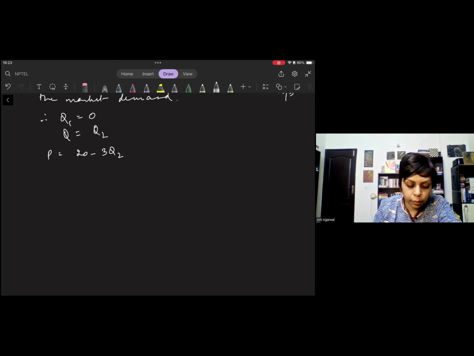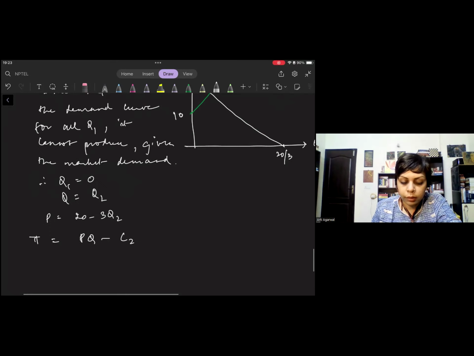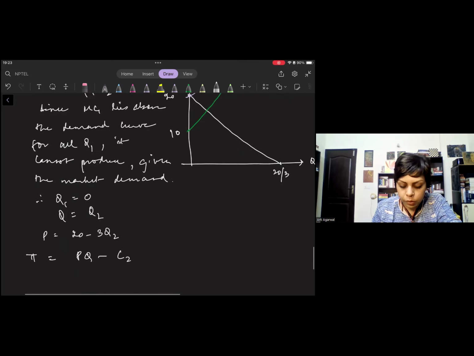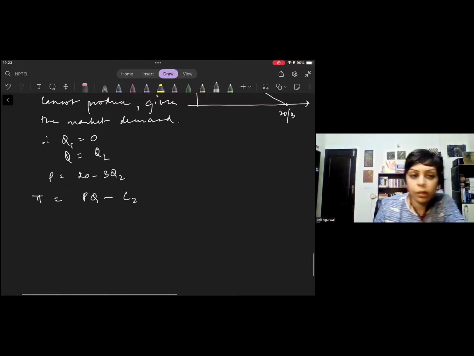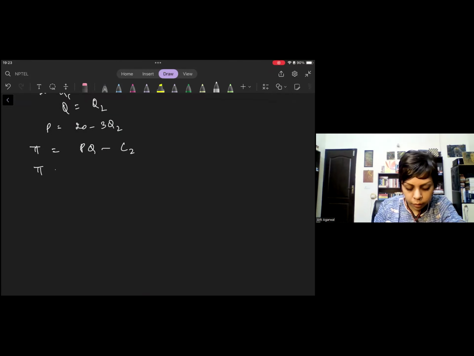In this case, the profit of the firm becomes P into Q minus C of only 2. You assume that there's no other cost other than whatever is given. So when factory 1 is not operating, there is no cost from the first factory.